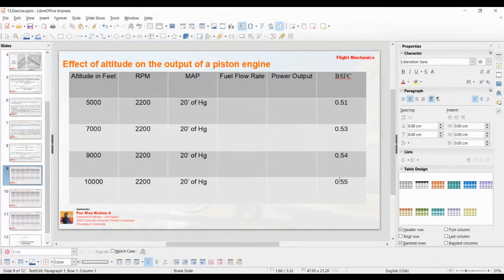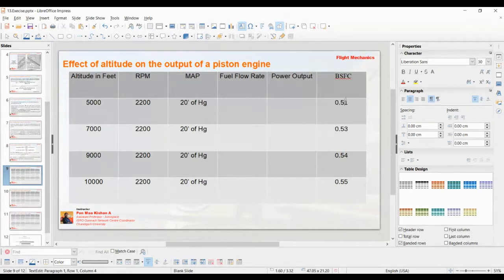Okay. So from this, you can easily identify what we have changed from the previous problem. Only we have changed the altitude. We have not changed the RPM. We have not changed the manifold air pressure, right? So when we are changing the altitude, how much is the BSFC changing? It is increasing.